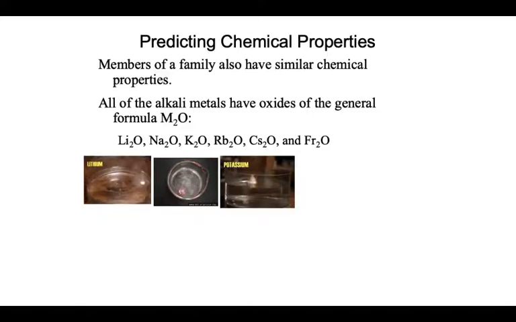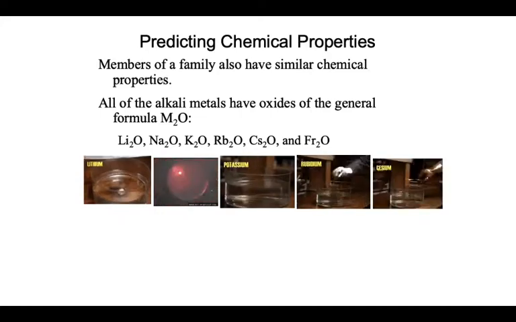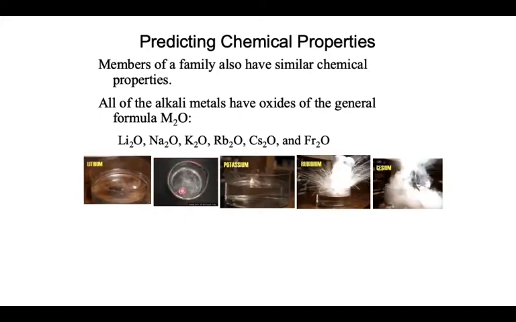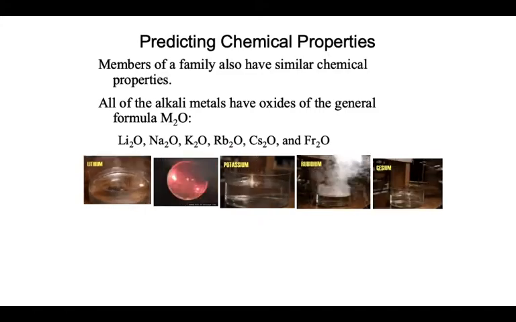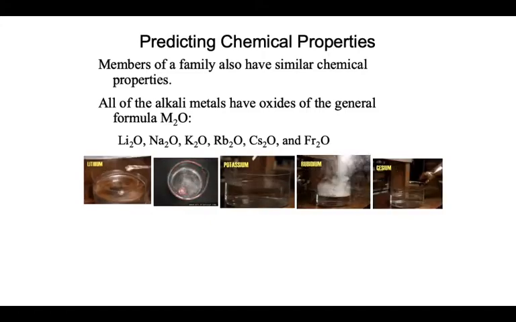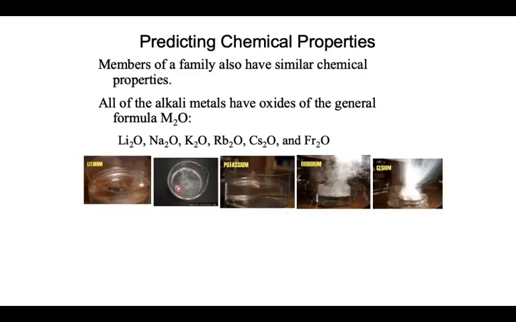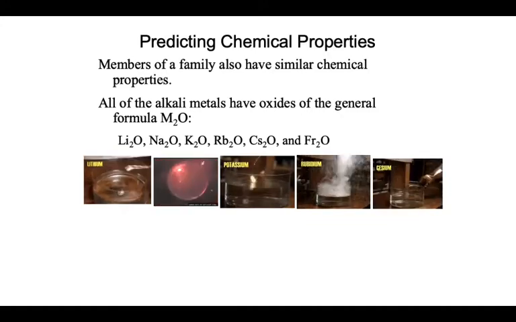Potassium, largely the same thing. Rubidium is starting to cause some problems, and cesium literally just made a mess of everything. Okay? But the chemistry is the same. The scale at which it happens may change, but we're getting the same basic patterns all the way through. Kind of make sense? Okay, so that's kind of cool.